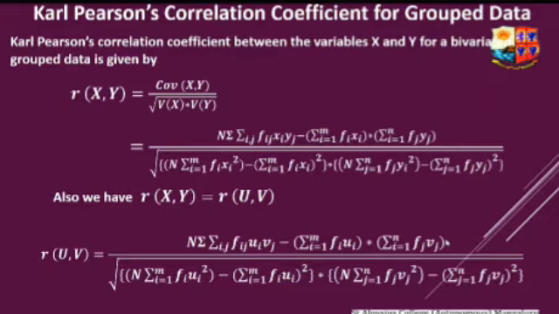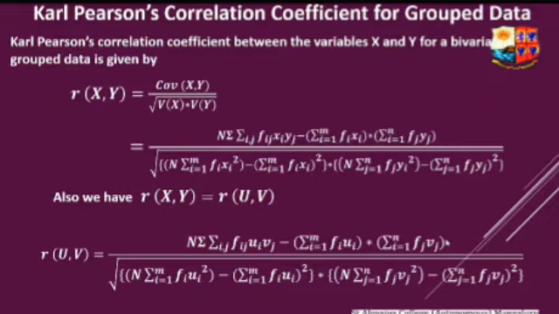So suppose it is F11; the meaning of that is the cell frequency in the first row, first column, and so on. What is capital N? Capital N is the total frequency. When you add all the frequencies in the bivariate table, you will get capital N.